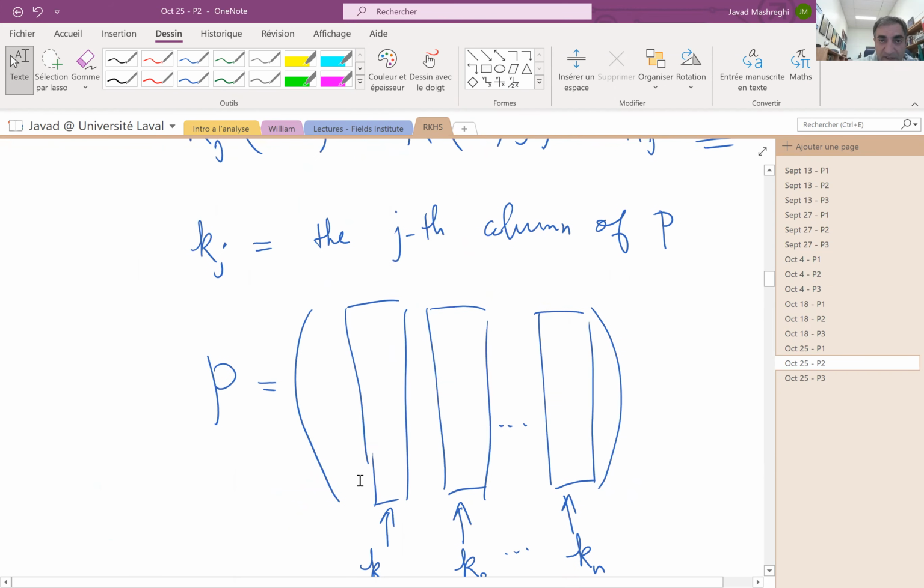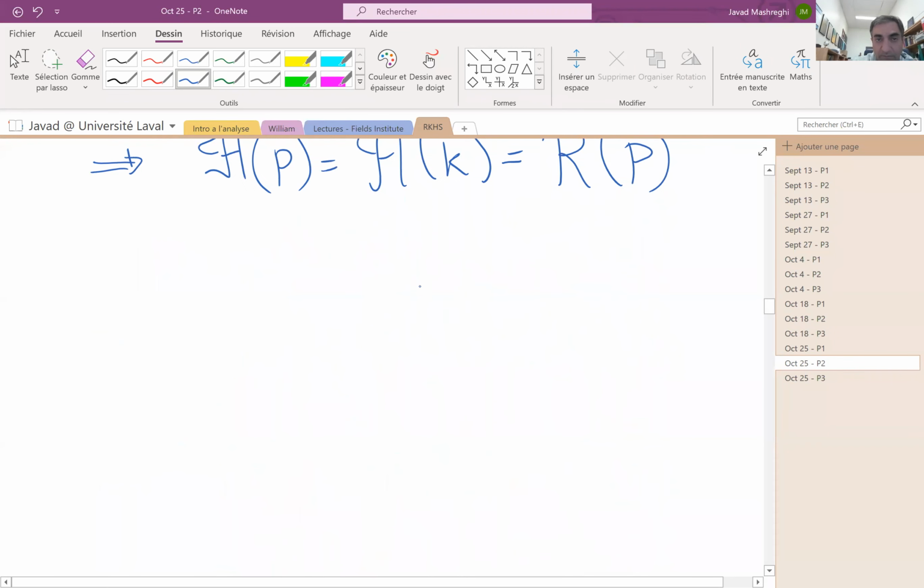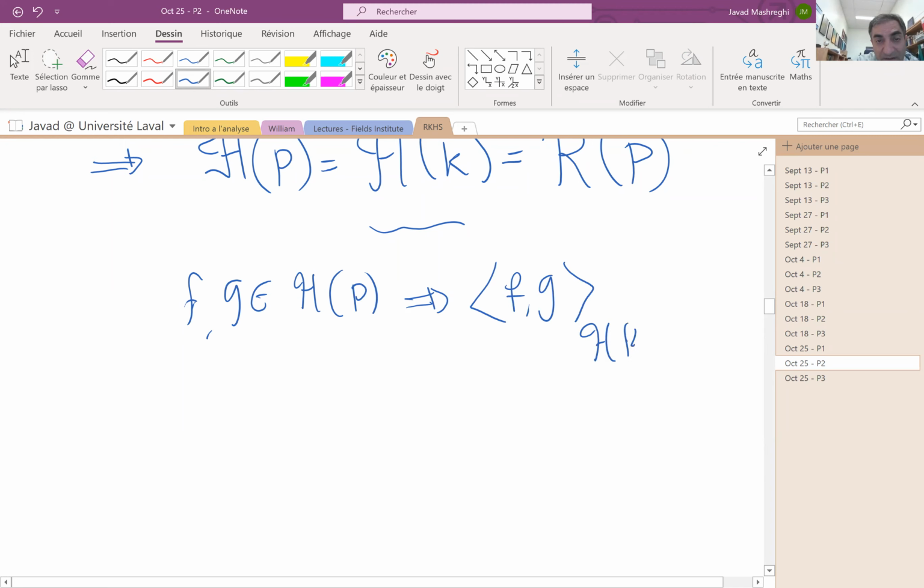For example, what is the inner product of these two elements? Not in Cn, in H of K. It's not necessarily the same. So what is the clue for that? If F and G are in H of P, then the question is, what is the inner product of F and G in H of K or H of P?